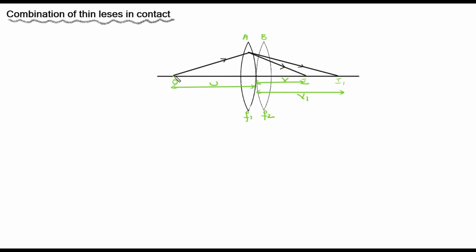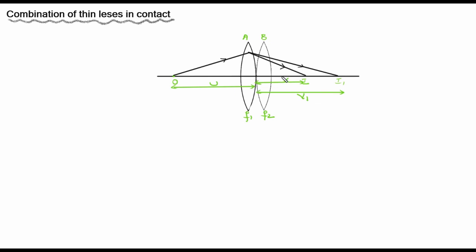Two times refraction takes place. The first refracted ray produces image I1 at a distance of v1, and this image acts as a virtual object for the refraction through lens B, and it gives a final image I at v.